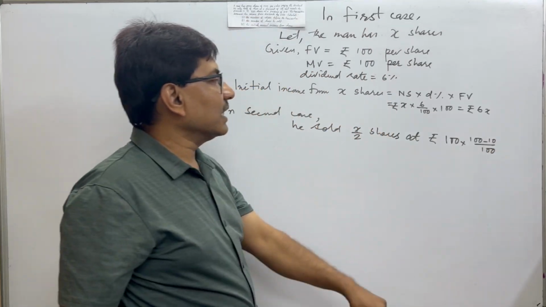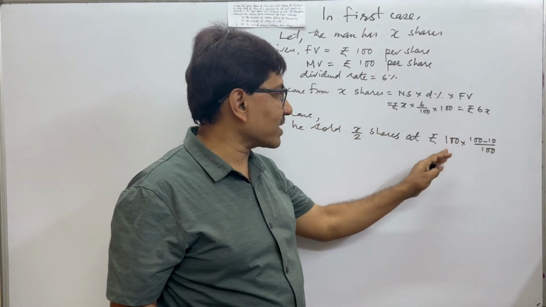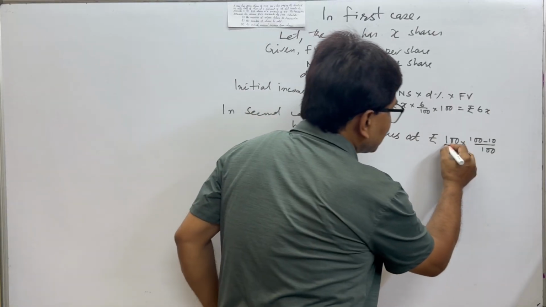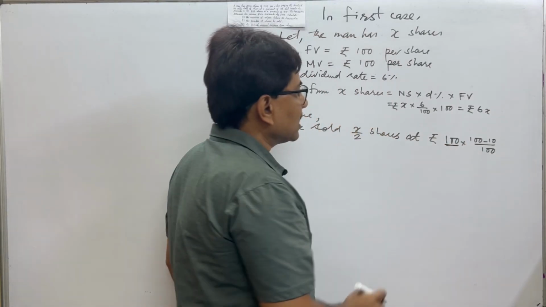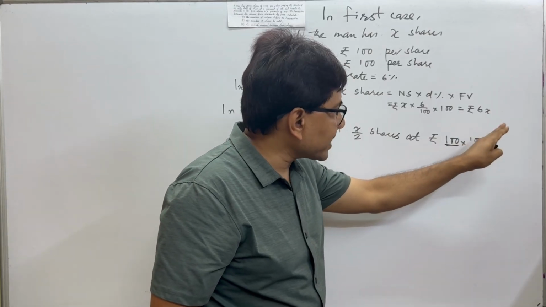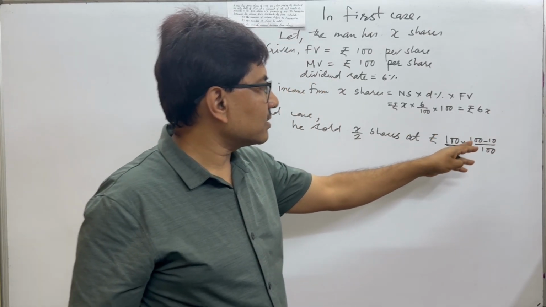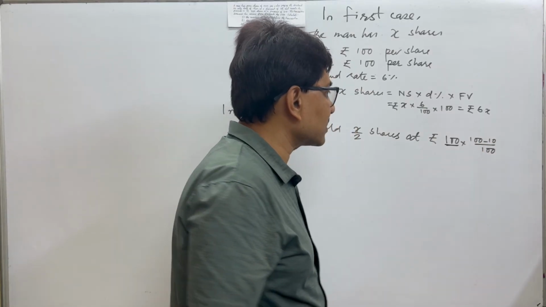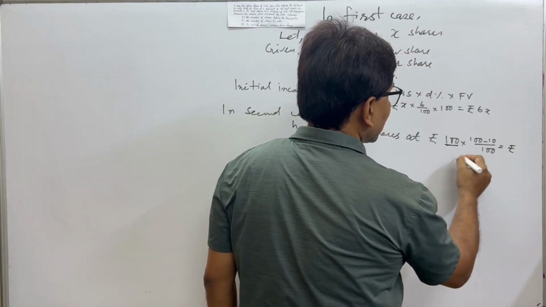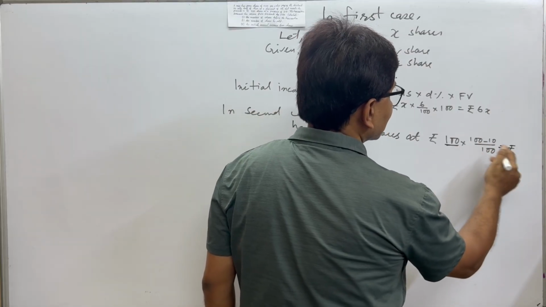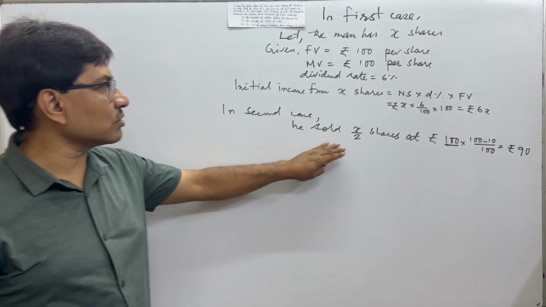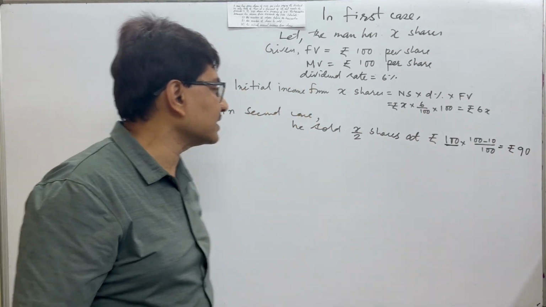Suppose 10% discount, so we write the market value, because this is the market value rupees 100, not the nominal value, into 100 minus discount rate, divided by 100. So we get 100 into 90 by 100, that is rupees 90 only. Easily you can understand he sold these shares at rupees 90.